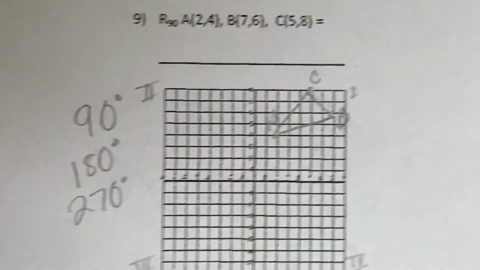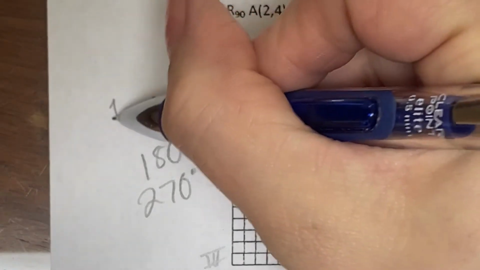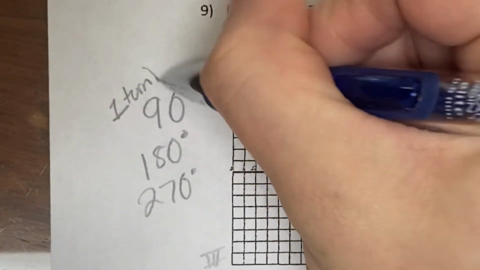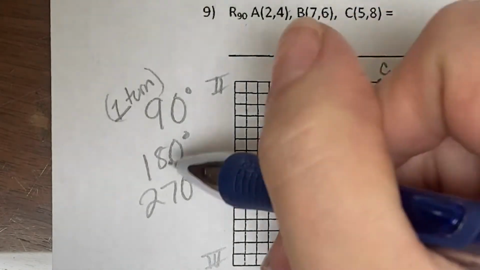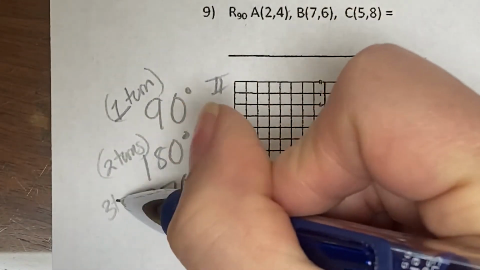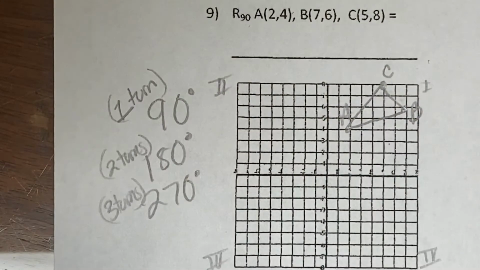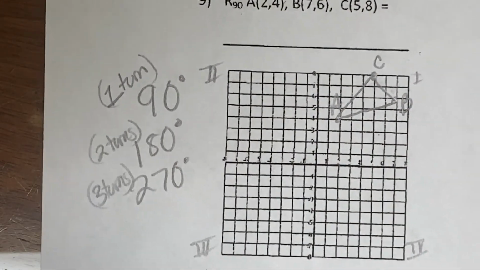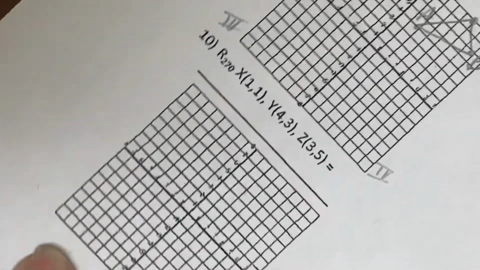To rotate 90, we're going to do 1 turn. We're going to turn our paper to the right 1 turn. 180 would be 2 turns. 270 would be 3 turns. So we're going to turn our paper completely, turn the steering wheel to the right.